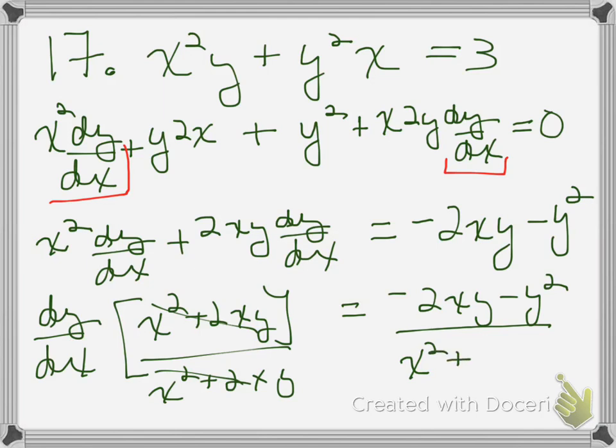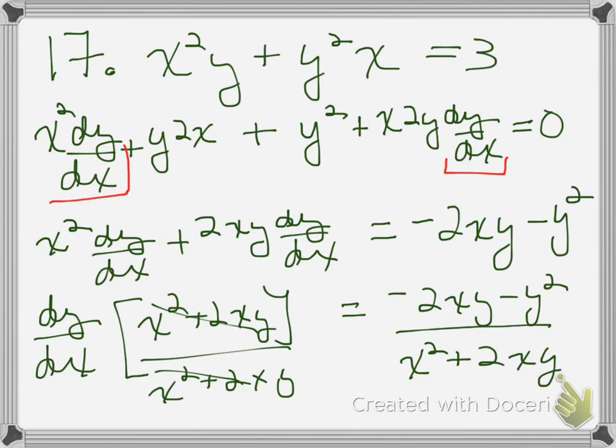Let's see if we can clean this up a little bit. Is there anything we can factor out? It looks like I can factor out y's in the top. So I don't think I really have a lot I can work with there. So I think I might just leave that one be for now.